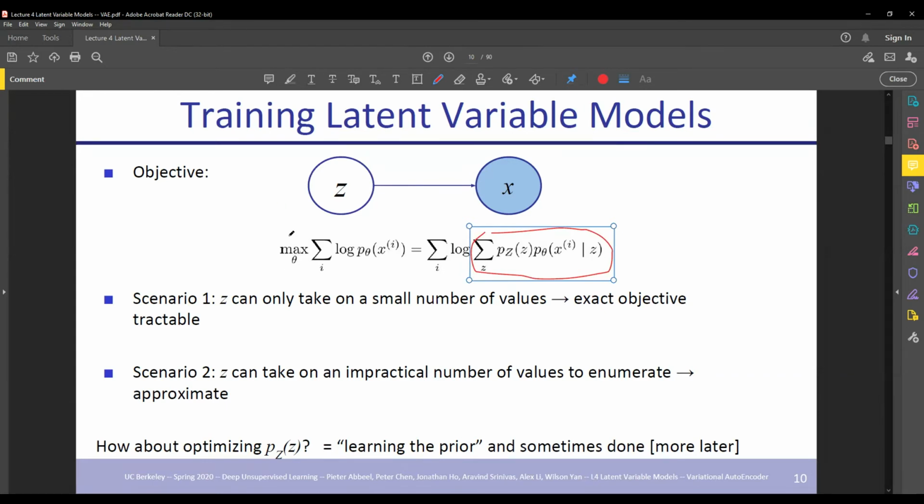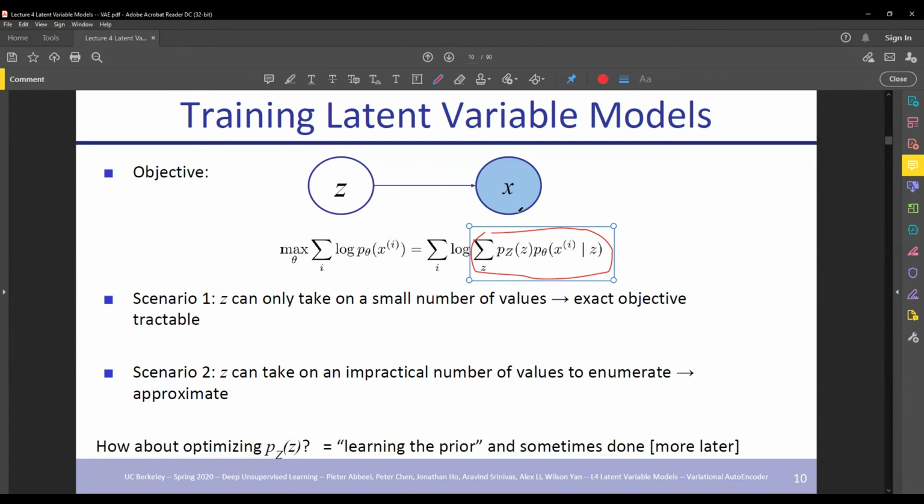So let's start with a very simplifying assumption that the domain for the distribution that we want to sample from, the latent variable Z and the distribution for it, can only take on a very small number of values.